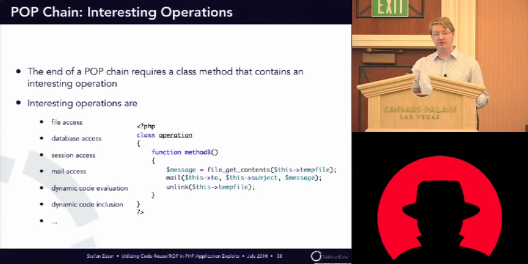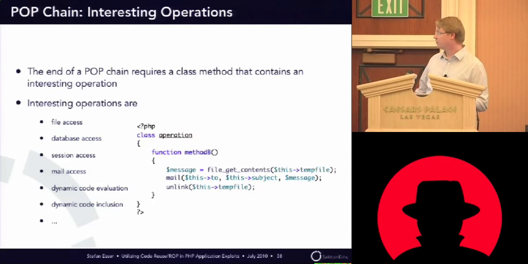Sometimes you even get the execution of PHP code or inclusion of PHP code. And in this example, this would allow loading an arbitrary file in memory, mailing it to any email address, and in the end attempting to delete the file.